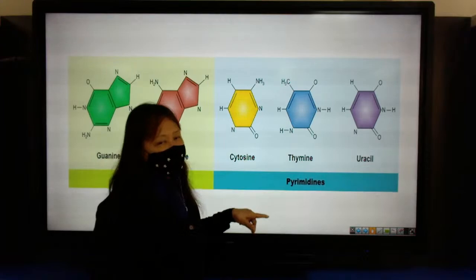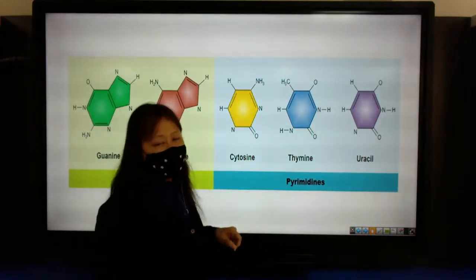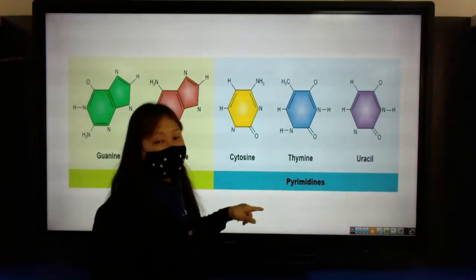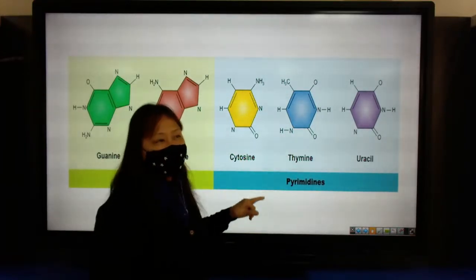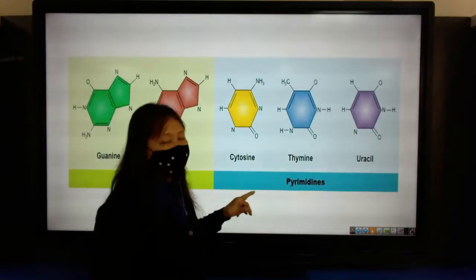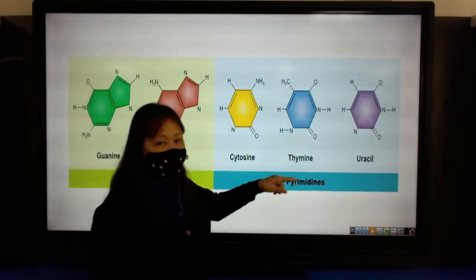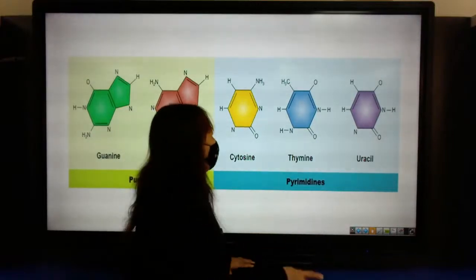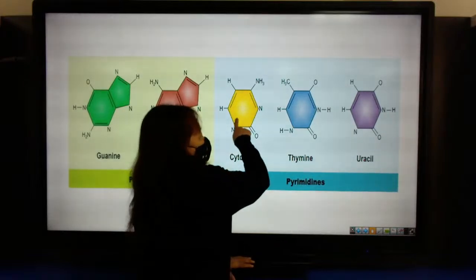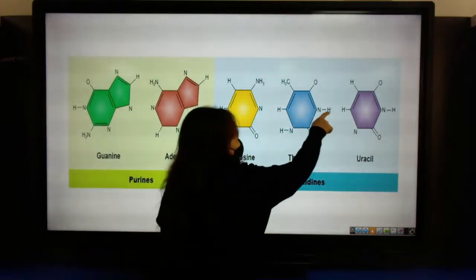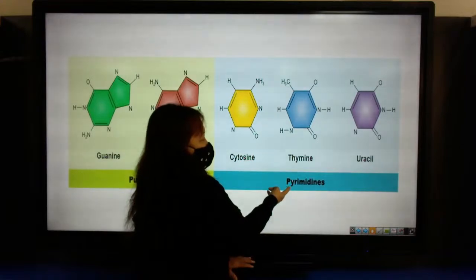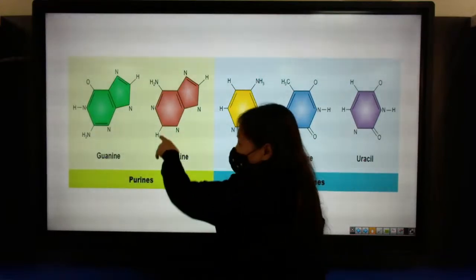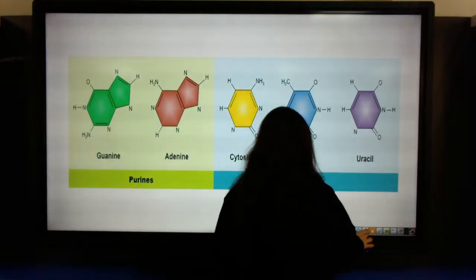Okay? Now, uracil is not a base that is found in DNA. It is found only in RNA, and it replaces thymine. So, if you have the RNA molecule, you will not find thymine there because it is replaced by uracil. Okay? Can you remember? And you will see here that there is only one structure. Okay? One. That is pyrimidine. Whereas in purines, for guanine and adenine, you will see that there are two.